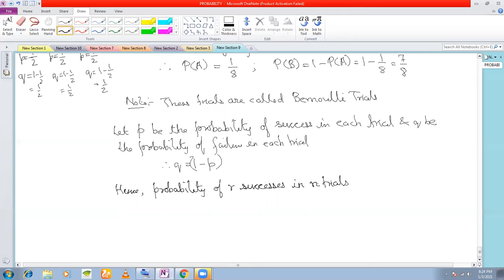It is equal to p to the power of r, because the probability of success in each trial is p and r is associated with success, and q to the power of n minus r, because in n trials there are only r successes. So how many failures? n minus r failures, right? So the probability of r successes in n trials is this. Understood? p to the power of r, q to the power of n minus r.